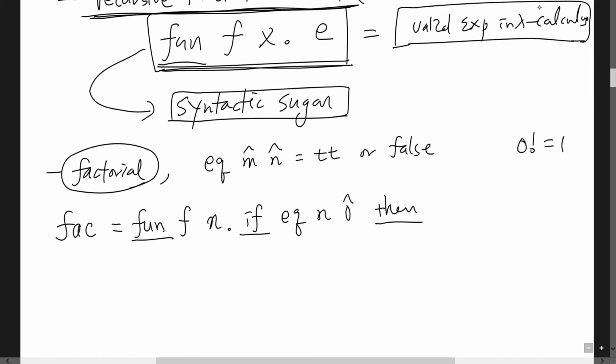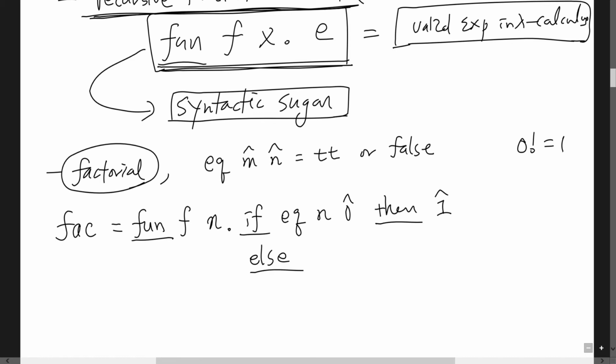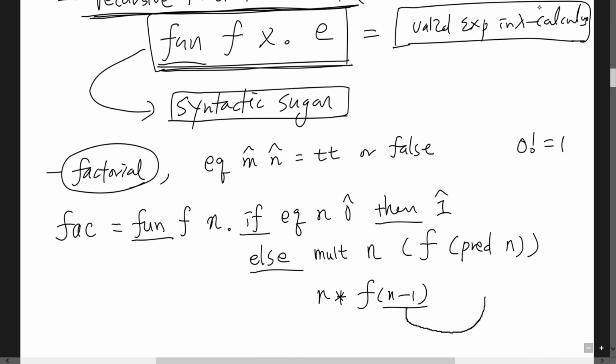So you return the Church numeral for 1. Otherwise, we want to return the factorial of n minus 1 multiplied with n. So we return a multiplication of n with the recursive function f applied to the predecessor of n. So this n minus 1 is expanded to predecessor n, and this multiplication is expanded to this function call.